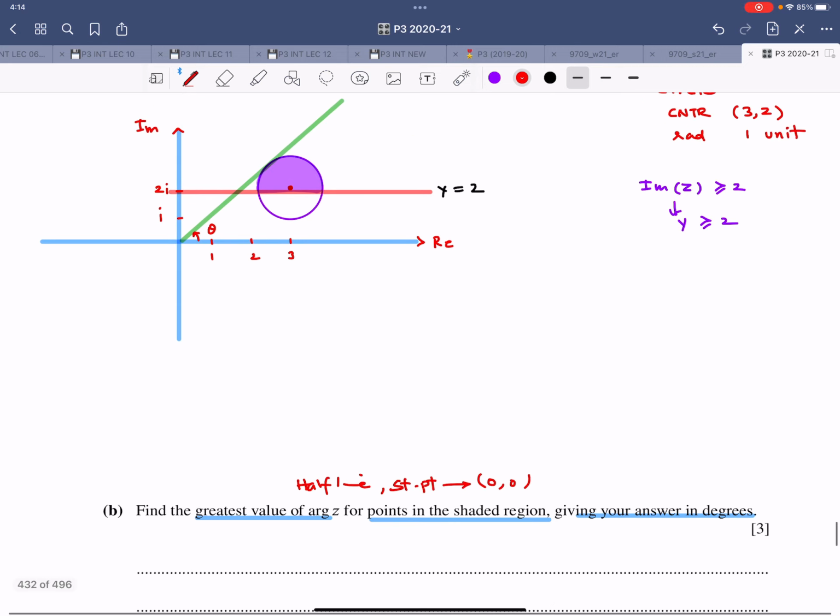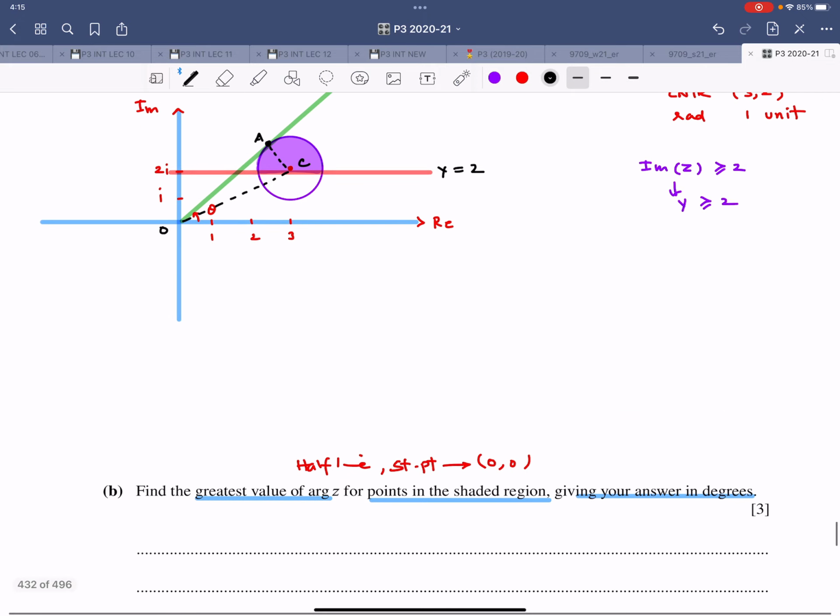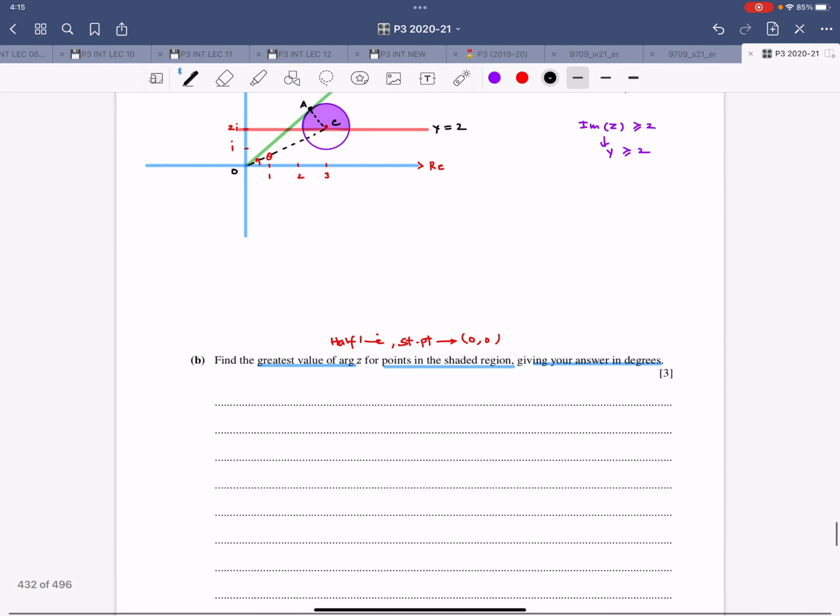Now how do I find this angle? Let me label this as O, and let me label this point as A. This is the center C. Let me join it like this. That is OC. So first of all, O is 0, 0, and C is 3, 2. OC magnitude is the square root of 3 squared plus 2 squared, which comes out to be root 13.